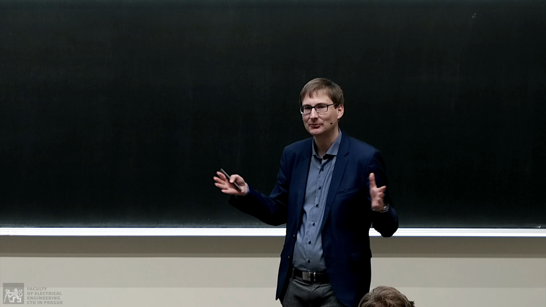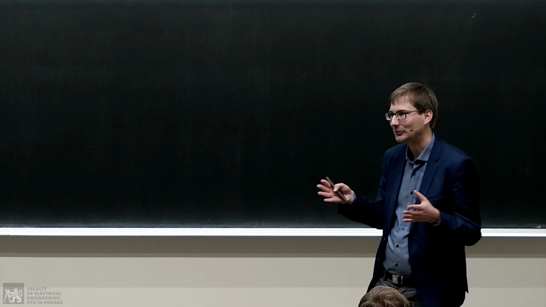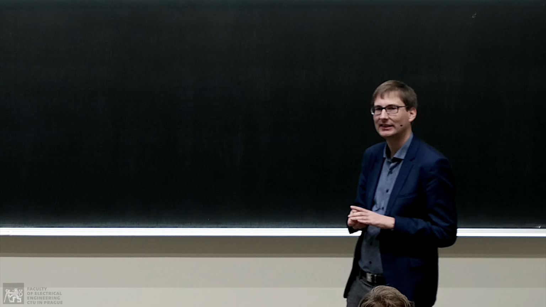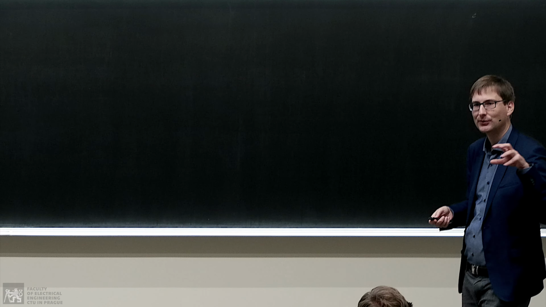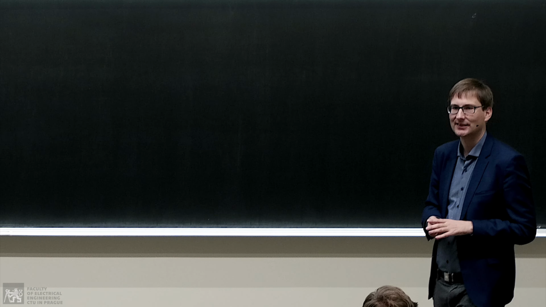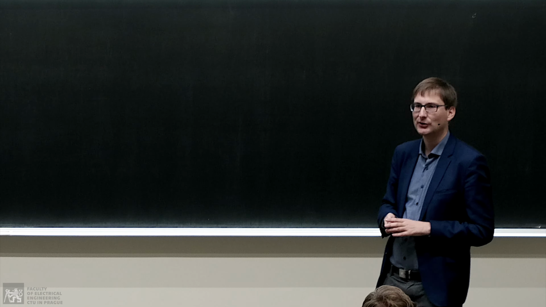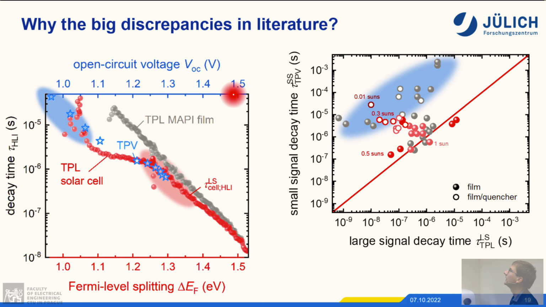It's just because the decay time is not a constant but changes over orders of magnitude, and different measurement methods probe different parts of the decay, and not all of these parts are even related to recombination. So this is the key problem that causes these issues with this figure here.